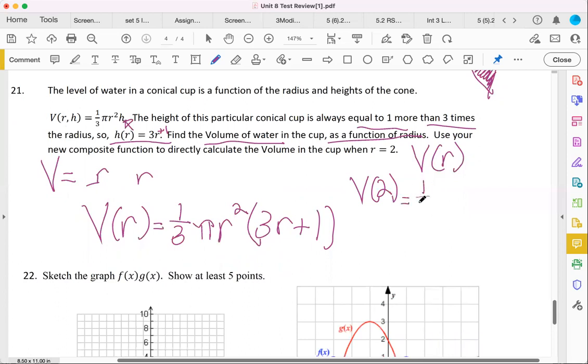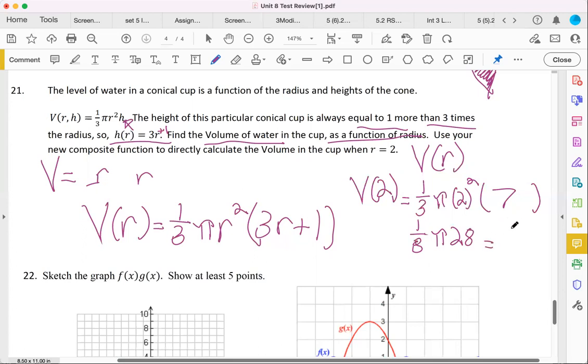It should be 1/3, same as it ever was, pi, same as it ever was, r squared with parentheses of 3r plus 1. So 3 times 2 is 6, plus 1 is 7. So this is 1/3 pi times 4 times 7, which is 28.